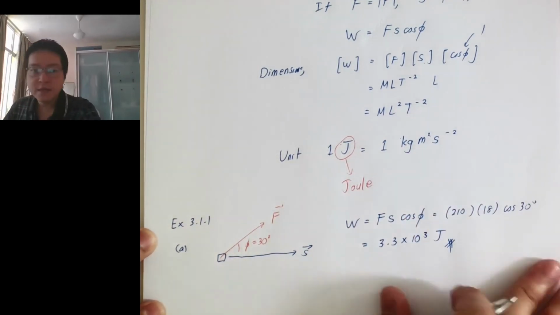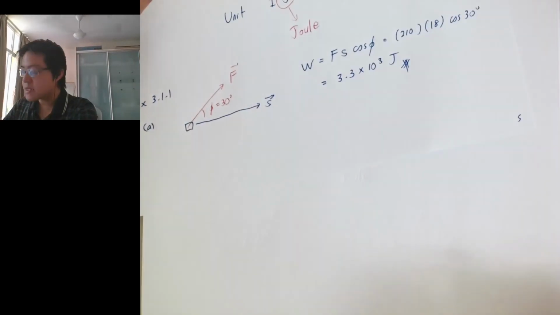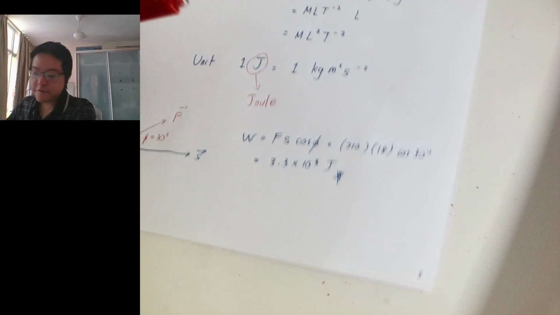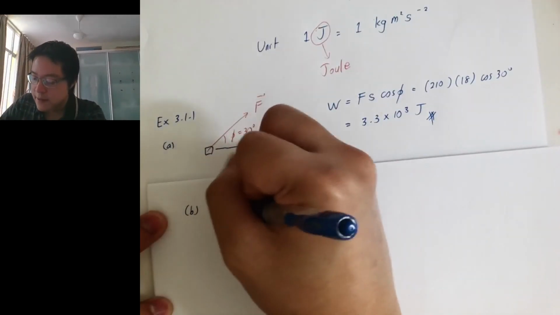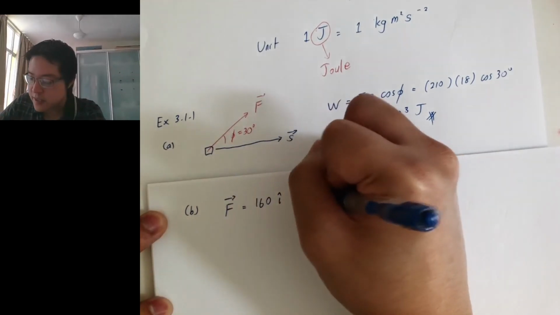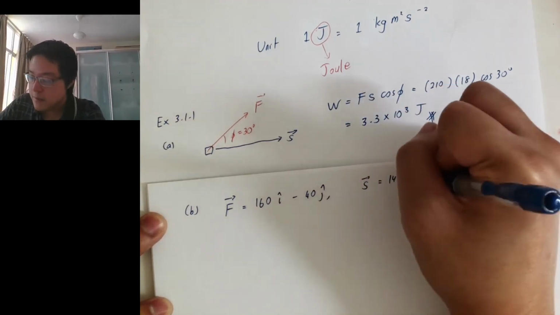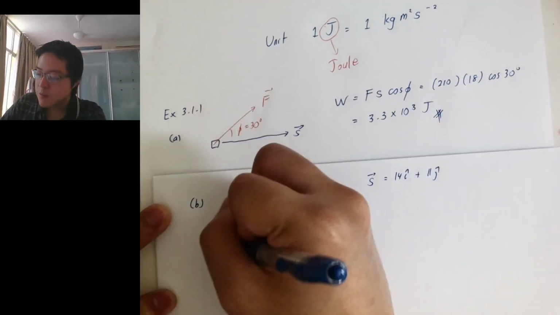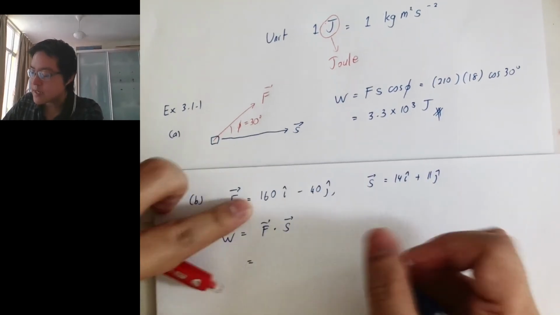This is the work done for part A, and part B is just to teach us the vector notation. If he is now exerting a force given by the vector 160 in the I direction minus 40 in the J direction, and the car is displaced by 14 I plus 11 J, then the work done is just the dot product between F and S. The dot product is very easy.